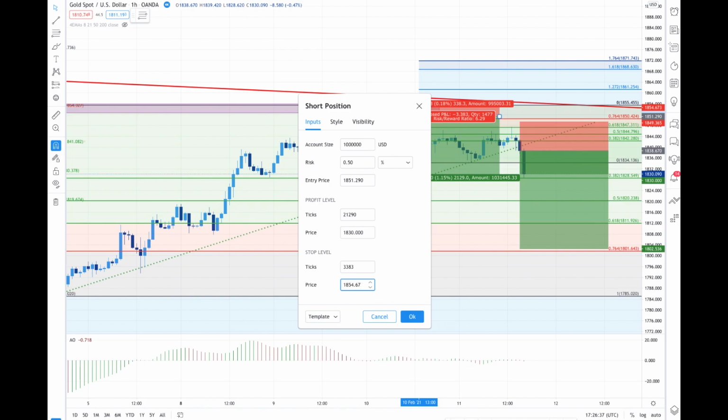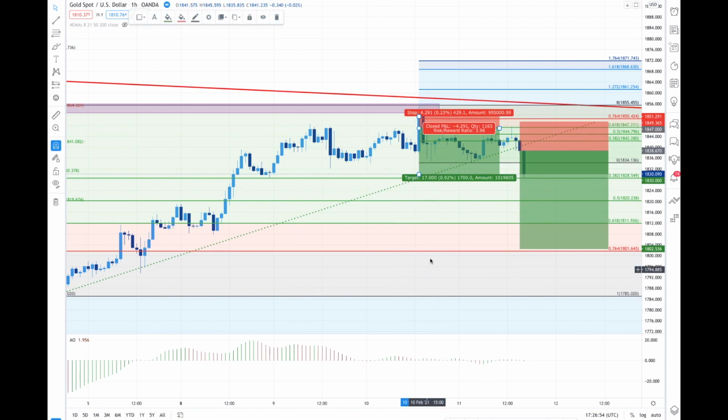My stop loss would be trailed down to that last swing high, which in this case is at around 1847. So we could trail our stop loss down now to 1847. And we would just drag everything down, really, just keep going to the downside like that, and just keep moving it down.